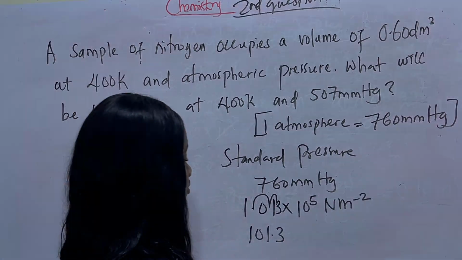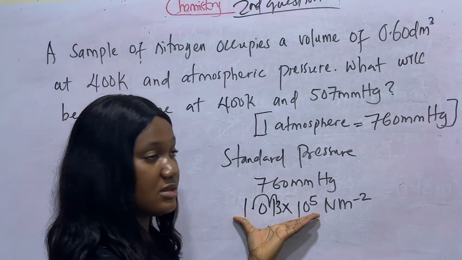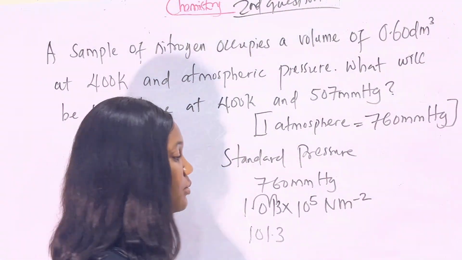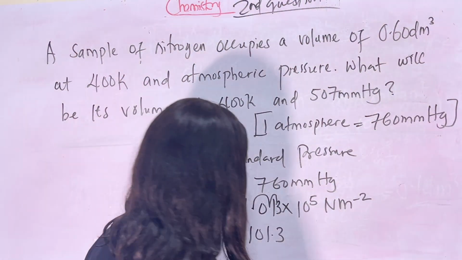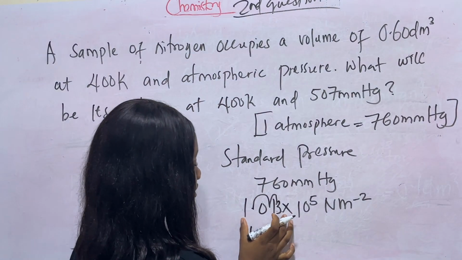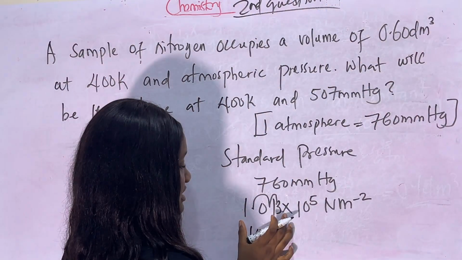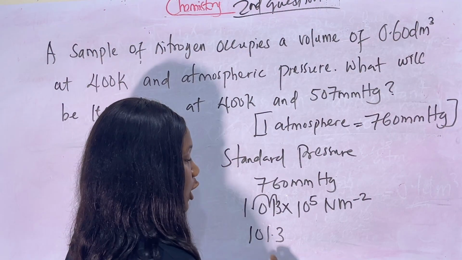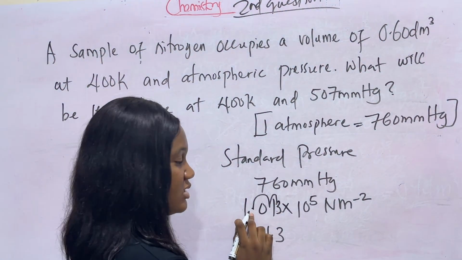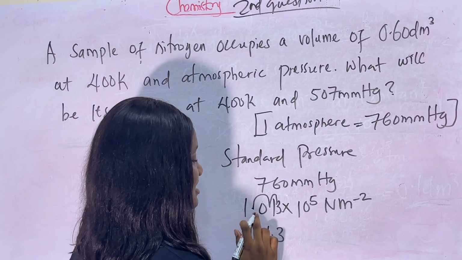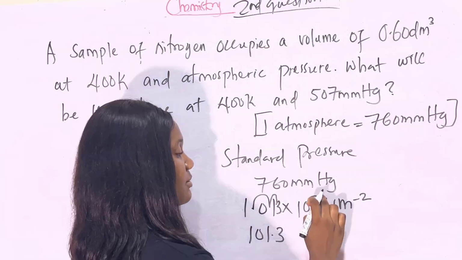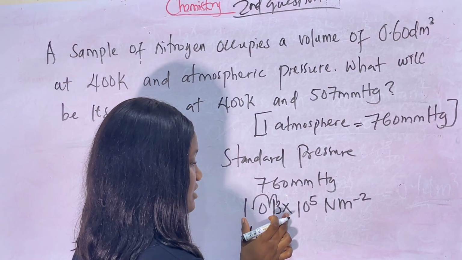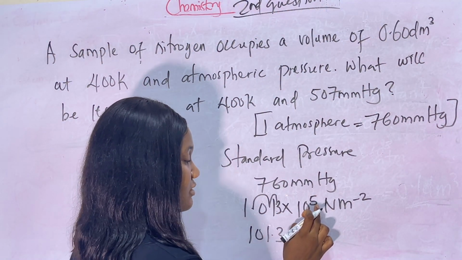Now, when you have your figures represented like this in standard form, what do you do to it? When you reduce the value in whole numbers, what happens to the power? You subtract by the amount of how many times you moved your decimal point. So if this is increasing, this power here should decrease. If this is decreasing, this power here should increase.